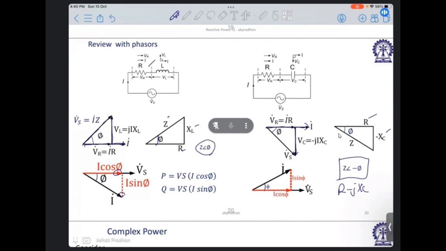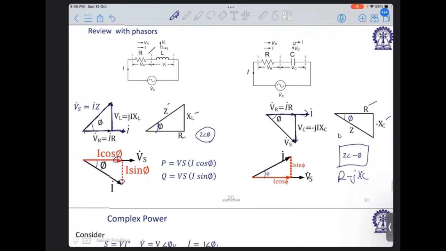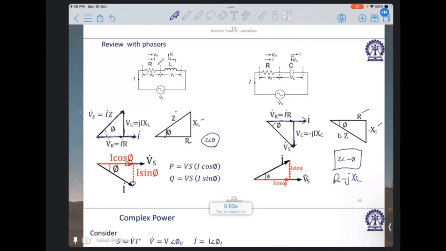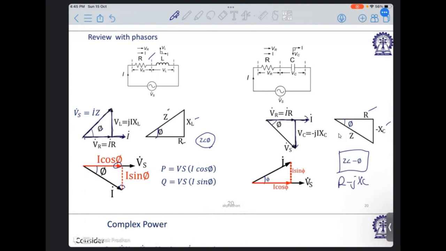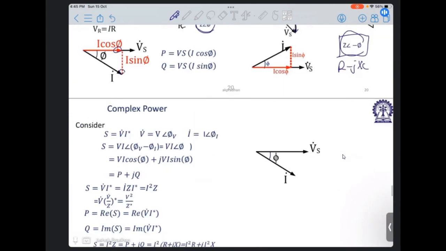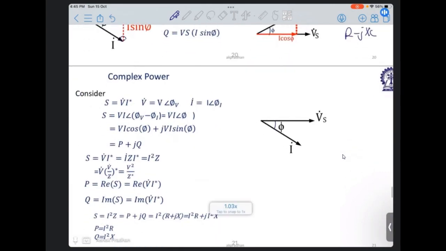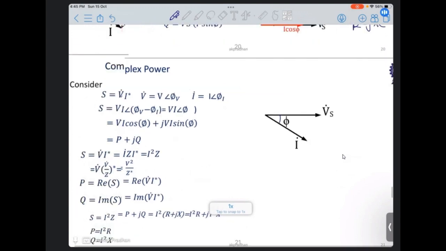So therefore we say here in the phasor domain that I leads the corresponding VS by this. So what we say here is that in both perspectives, if we talk about the impedance triangle, R, XL, Z, and R, minus XC, Z, this comes out to be Z angle phi and this comes out to be Z angle minus phi. We'll come to that. So if you go for the complex power, I'm not going into the definition.